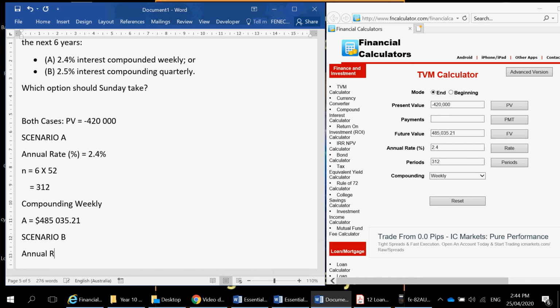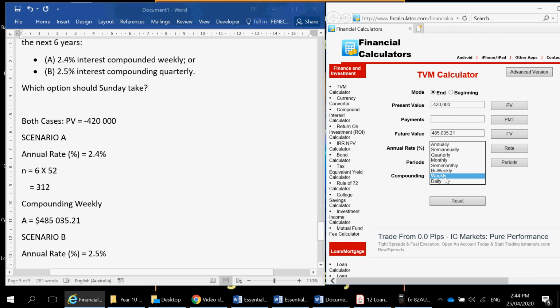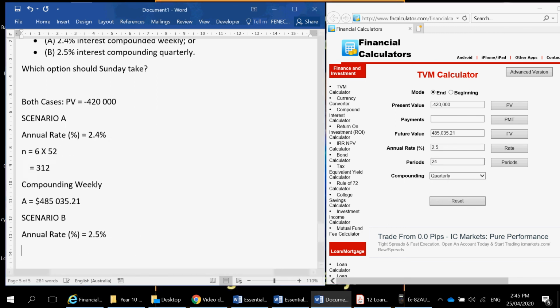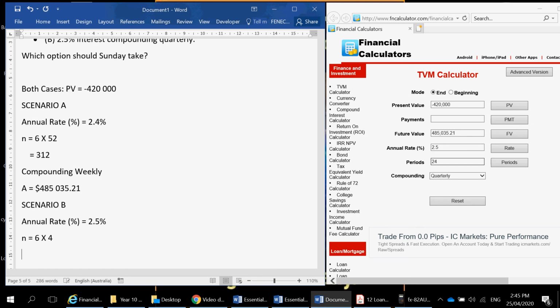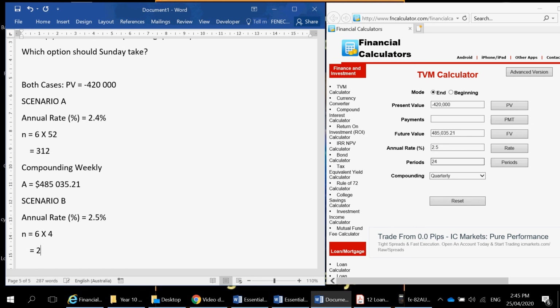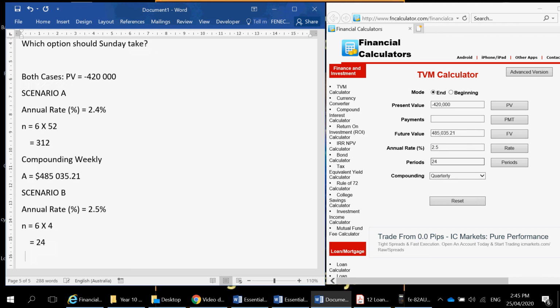Right, scenario B, same deal. Annual rate as a percent on this one is 2.5% from our question up here. So 2.5%. This time we're compounding quarterly. So N, it was 6 years and there are 4 quarters each year. So in total there are 24 quarters over the time period.